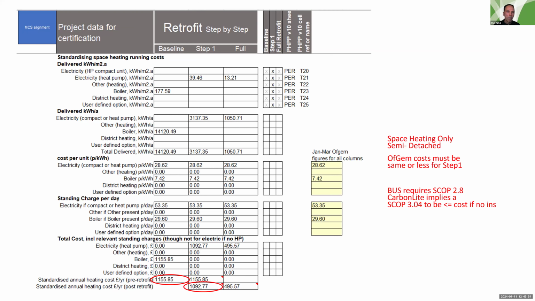Tim, it might be worth explaining a little about why this particular criterion is so important, and also what it doesn't say. It doesn't tell you how much your bills will be, does it? Because we've standardised it.